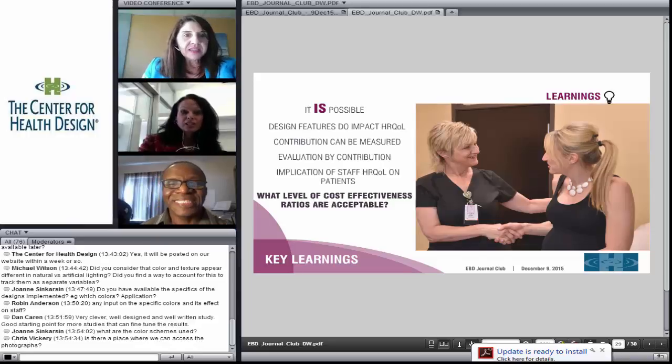Great, because I have a question, which was, what are the color schemes used? So all of the interior photos that you see in this presentation are actually from Mesa. That beautiful photo of the soffit will show you the color scheme. But the color scheme was really based upon the geography in Arizona.